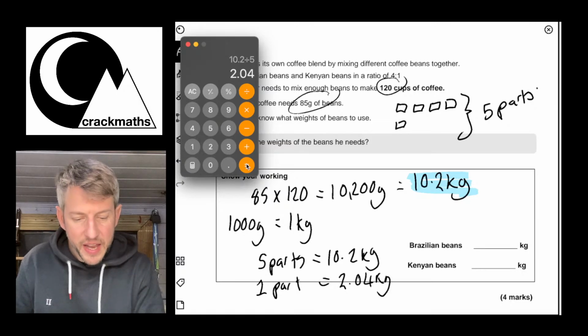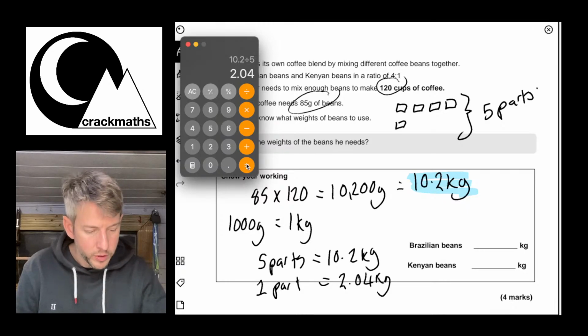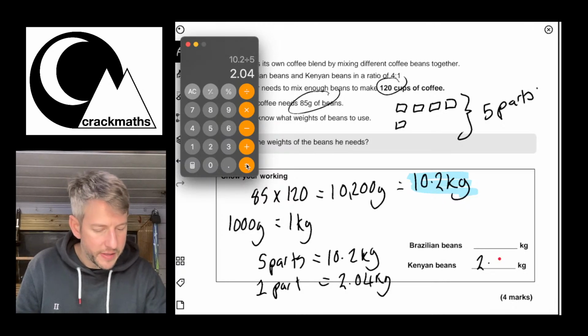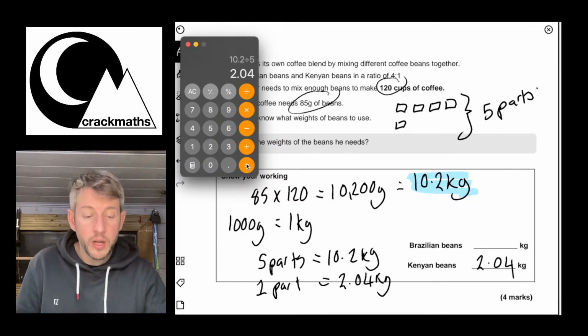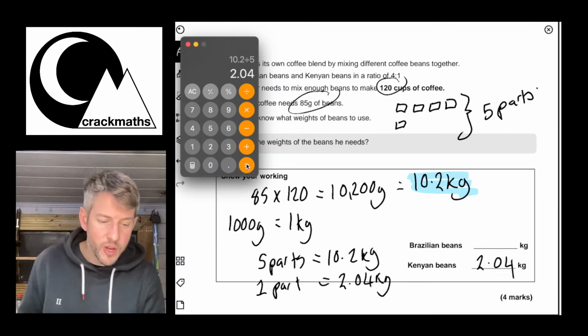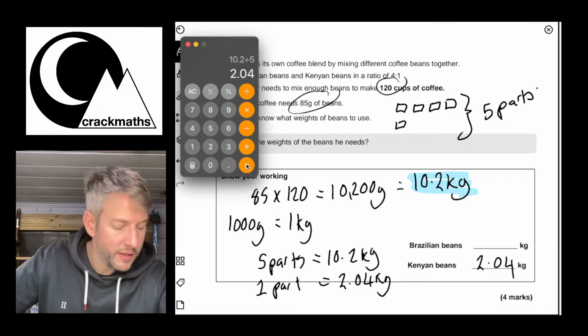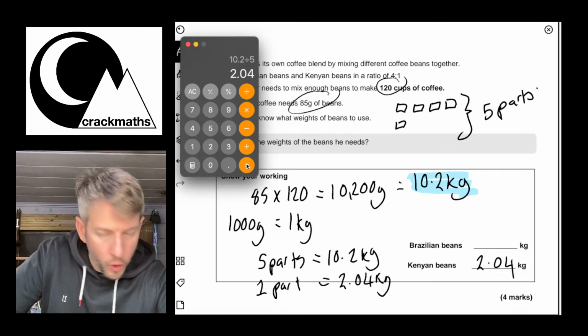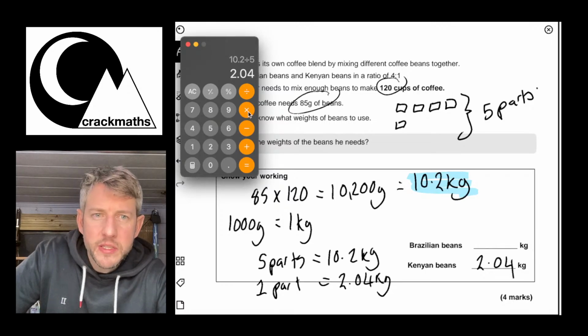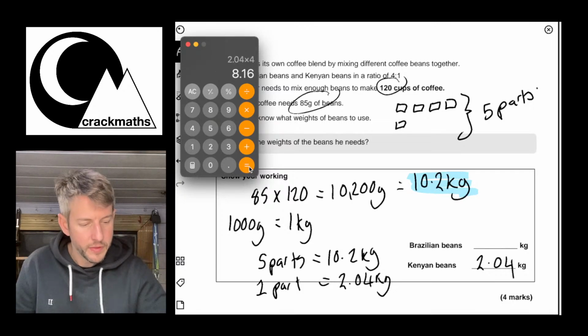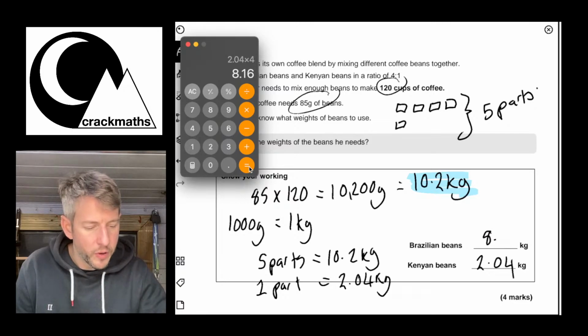Okay, so the Kenyan beans, they only want 1 part. So that's the answer to the Kenyan beans, 2.04. Now the Brazilian beans is the rest, so we could either do 10.2 take away 2.04, or what I'm actually going to do is times this by 4 because that's how many parts they get, and this equals 8.16.